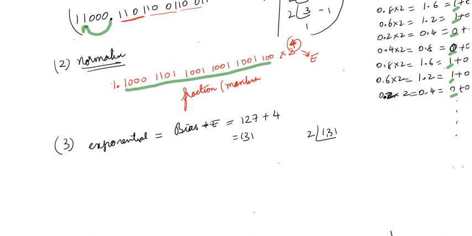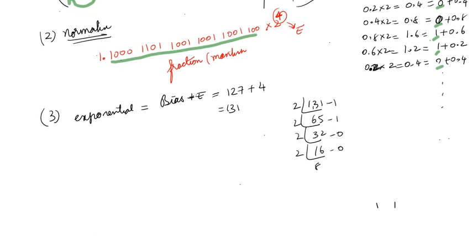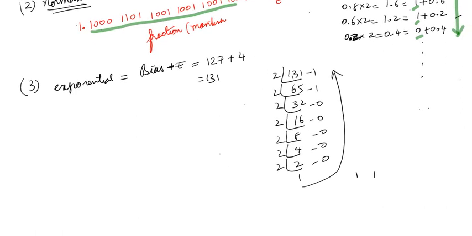So what is this? 65 times 2 is 130, remainder is 1. 32 times 2 is 64, remainder is 1. 16 times 2 is 32, remainder is 0. 8 times 2 is 16, remainder is 0. Then 4 times 2, remainder 0, 2 times 2, remainder 0, 1 time 2, remainder 0. Okay, write it from the bottom to the top.